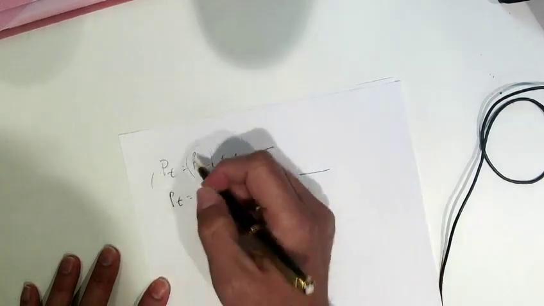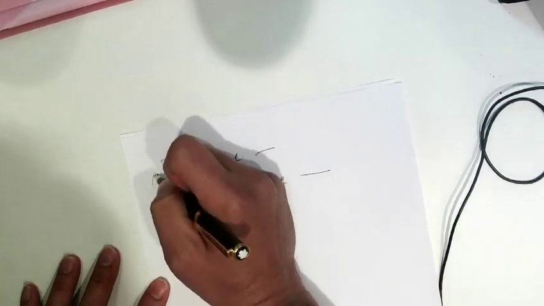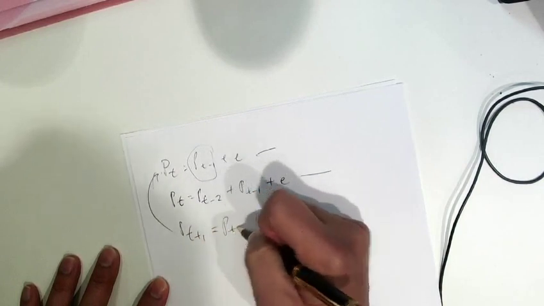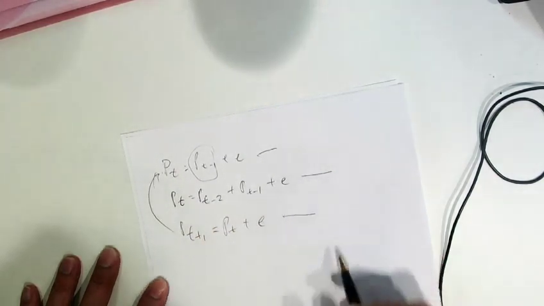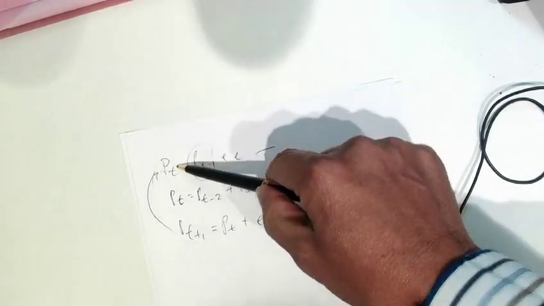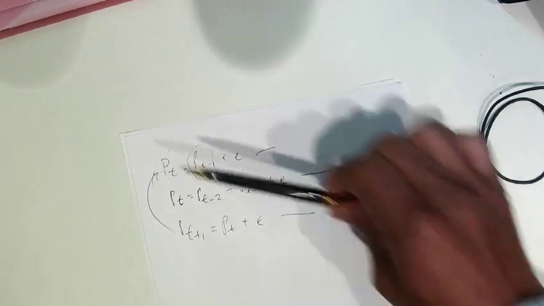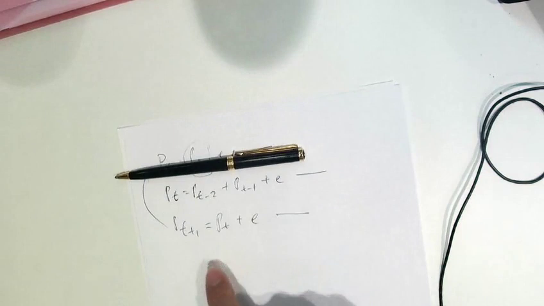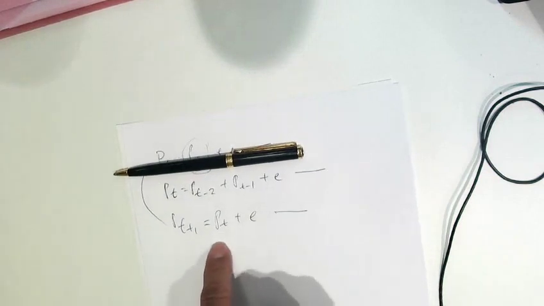So this formula, if I had written Pt plus 1 equals Pt, would you have guessed it correctly then? Let's say I didn't give you the earlier one, I give you only this. Would you say this is weak form market efficient or not?